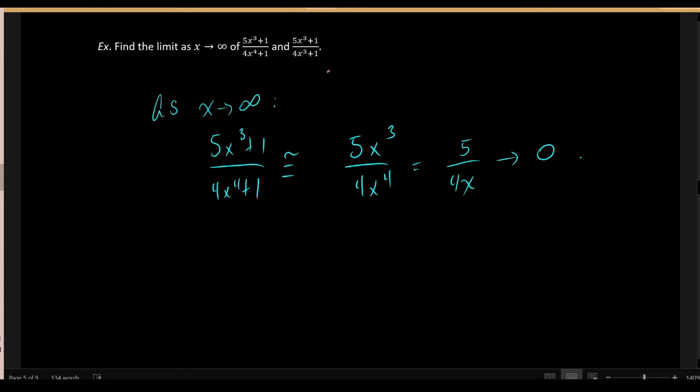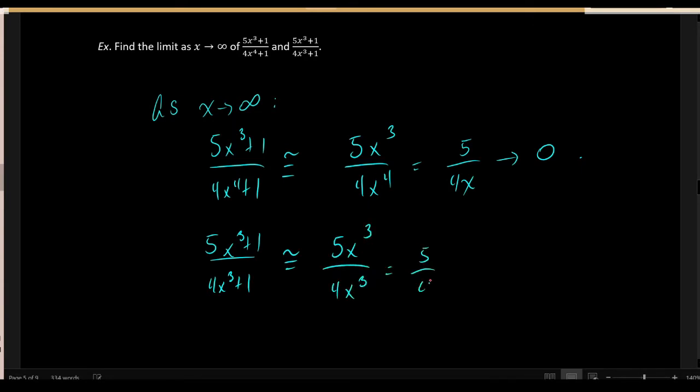Likewise for this second one, which is almost the same, except we have an x to the third in the denominator as well. And we have 5x cubed over 4x cubed, which is 5 over 4. And that number is the limit as x goes to infinity of the second fraction.